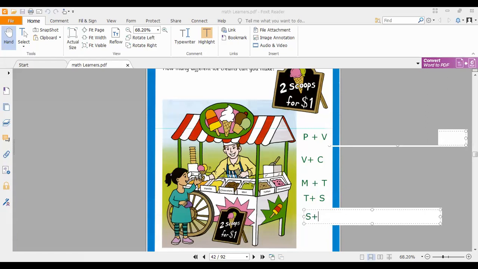So strawberry plus peach. And vanilla with mint, and so on. There can be many different flavors that we can buy.